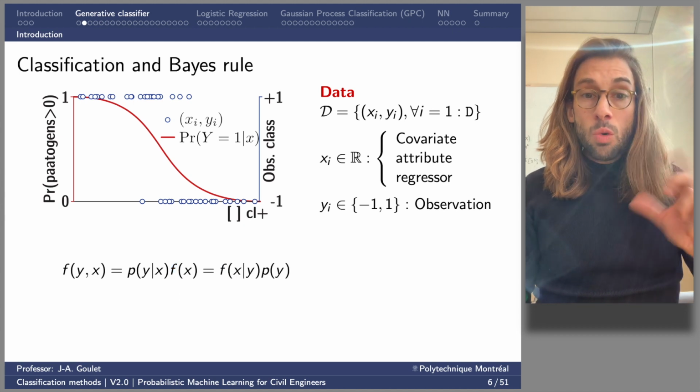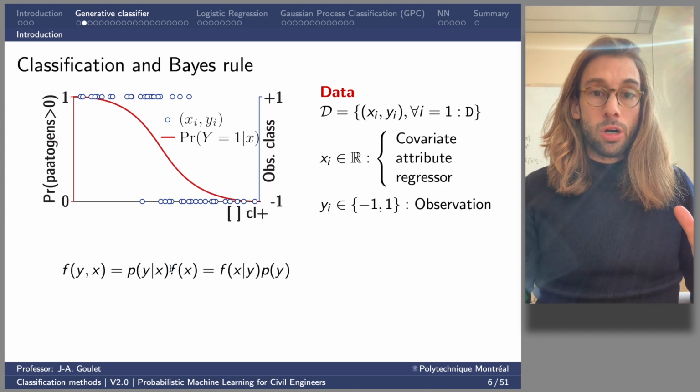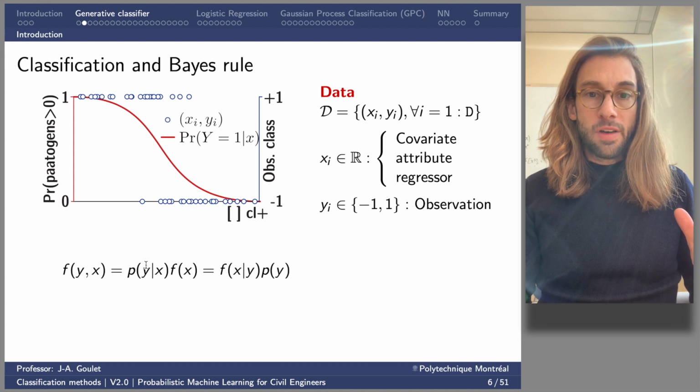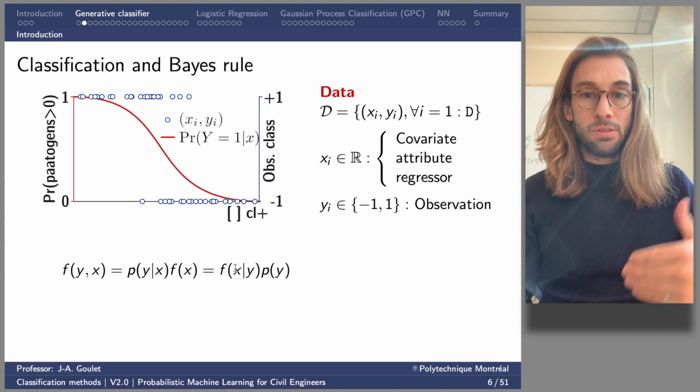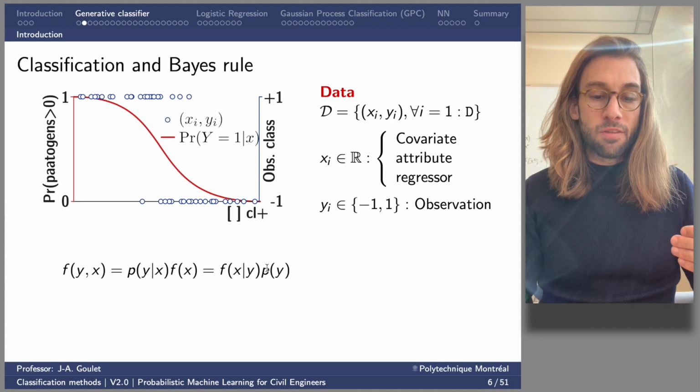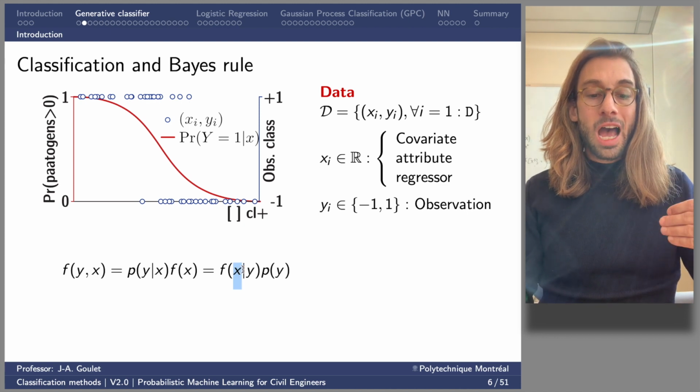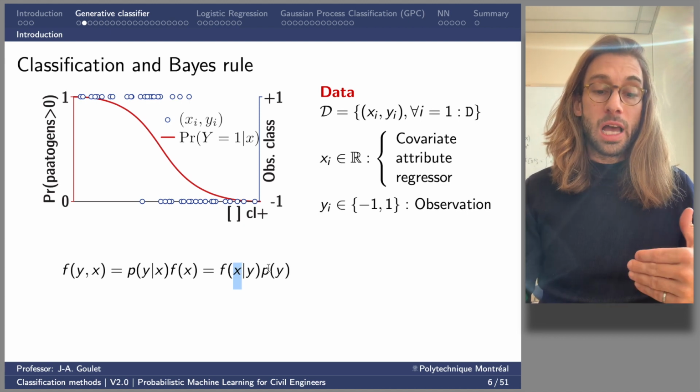But we have two ways to describe this joint PDF: either through the conditional of y given x times f of x, or through f of x given y, the conditional PDF of my covariate x given my class y, times my prior probability of the class y.